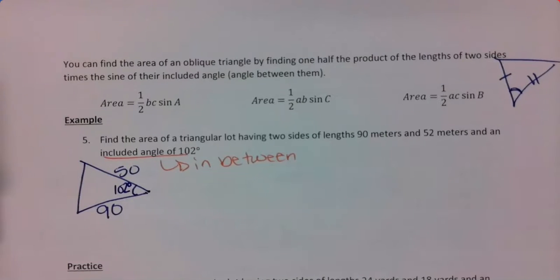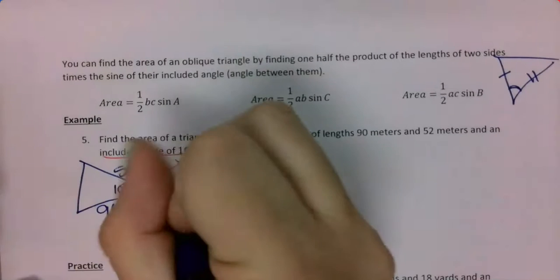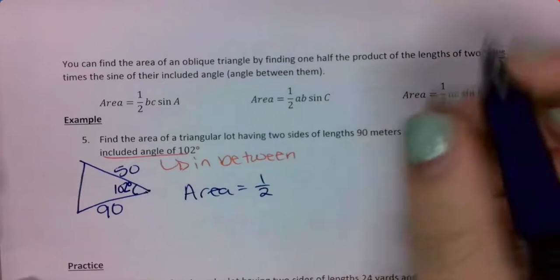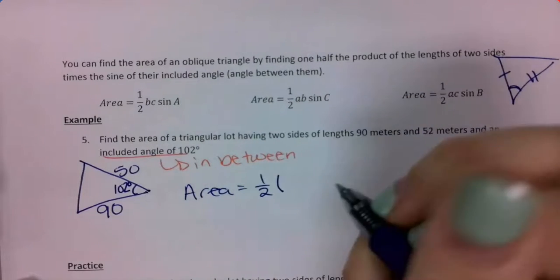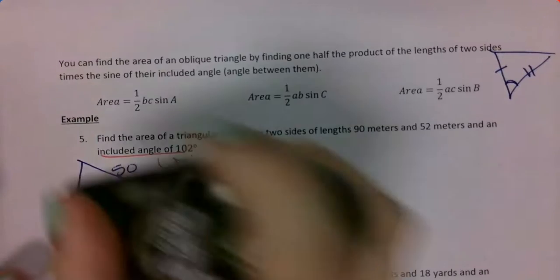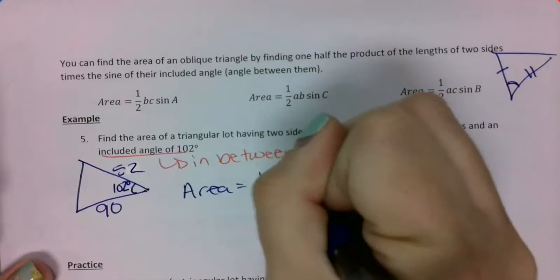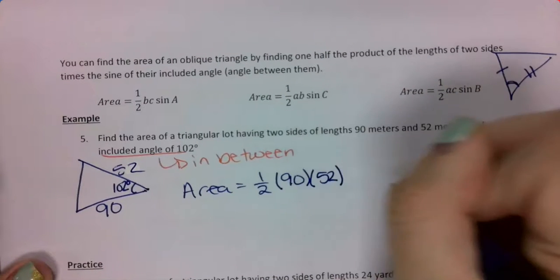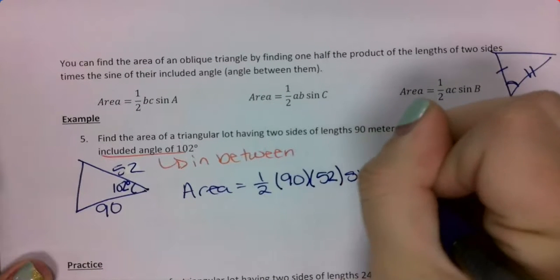I just need to know that the angle is in between. So to find my area, I'm going to do 1/2. My first side length was, oh, that was 52, not 50. 90 and then 52. And then I'm going to do sine of 102.